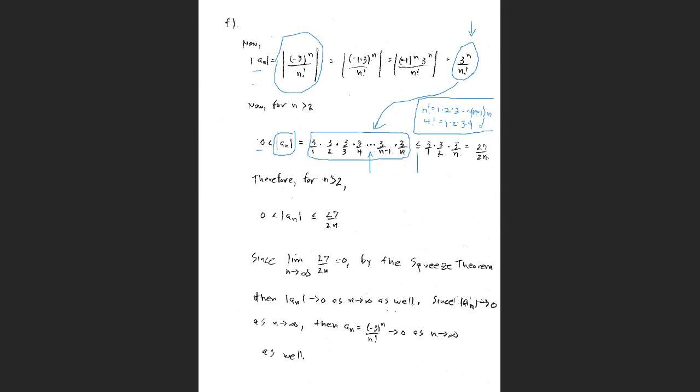But then I'll notice that this sequence is less than or equal, when n is greater than 2, I'll say this the right way. The term of the sequence will be less than or equal to 3 times 1, because you have that there, right?